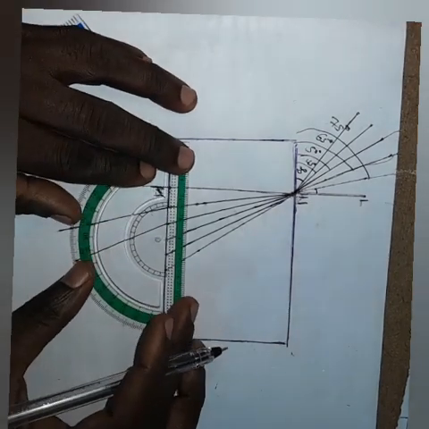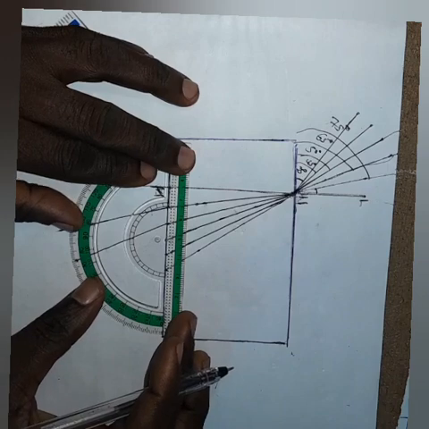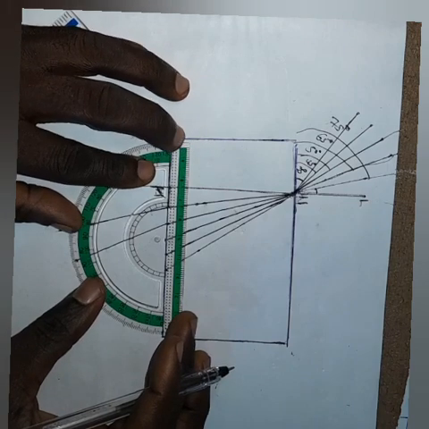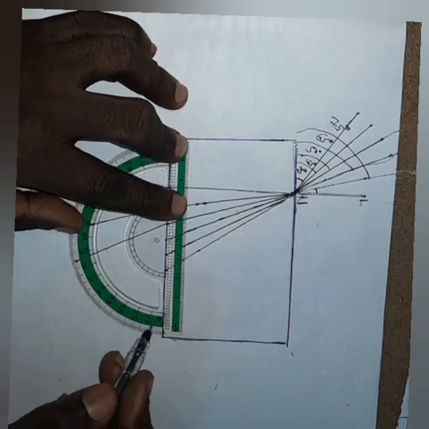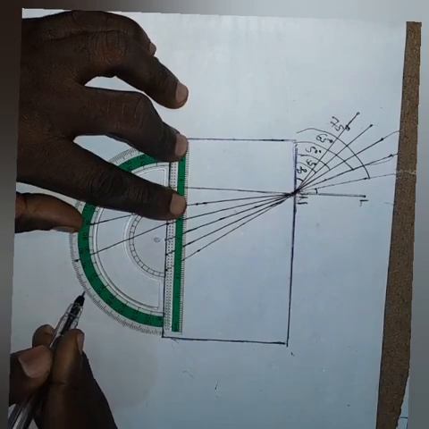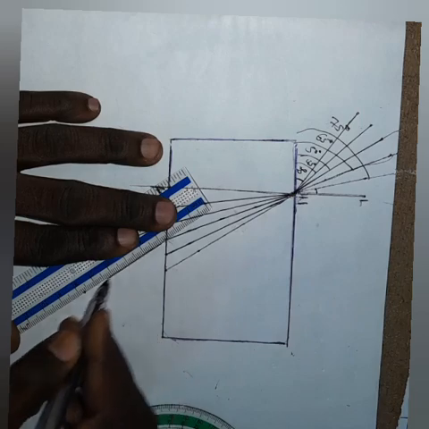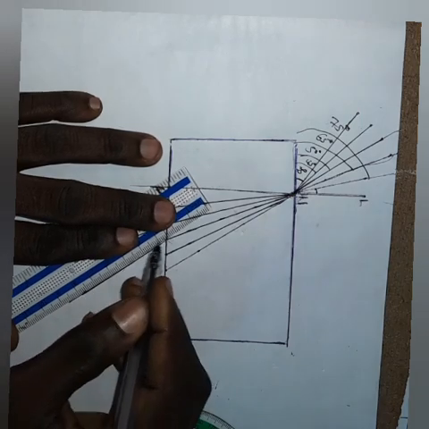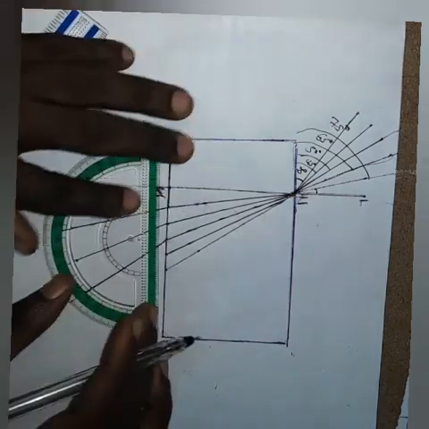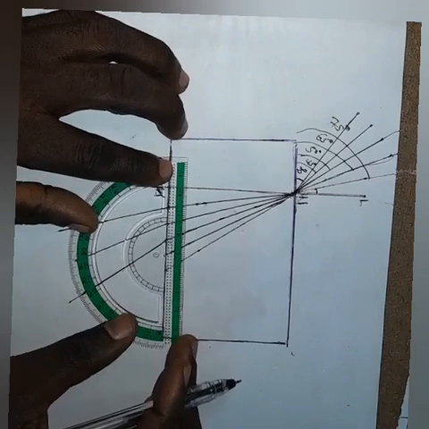So this one is going to be 55. So I have a 40, 50, 55. So I'm going to join this. Okay. Then the next one is 45.